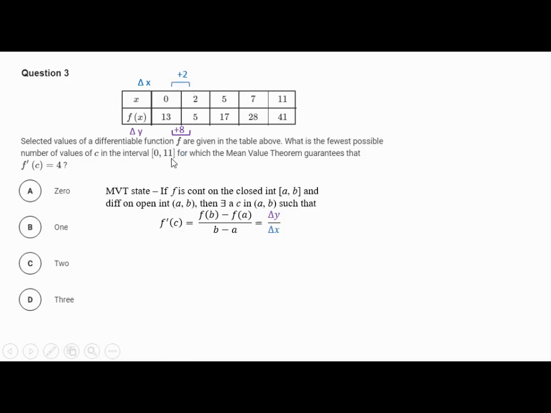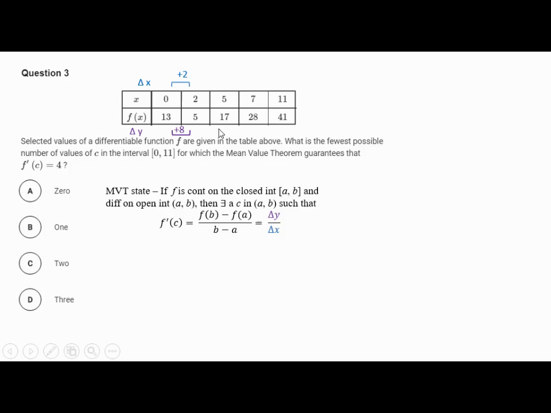So if I do change in y over change in x, 8 over 2, I'm going to get 4. So since this function is differentiable, therefore it must be continuous, then there's got to be a c in between 0 and 2 where the slope at c is equal to 4. That's what the mean value theorem states.